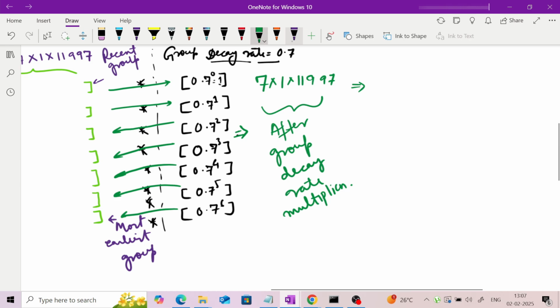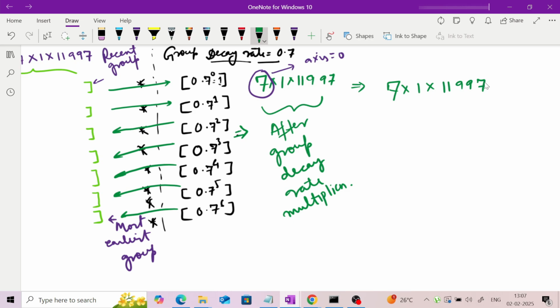This 7 by 1 by 11,997 vector, we'll sum along axis equals 0.